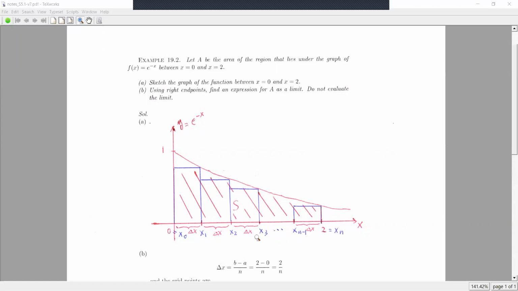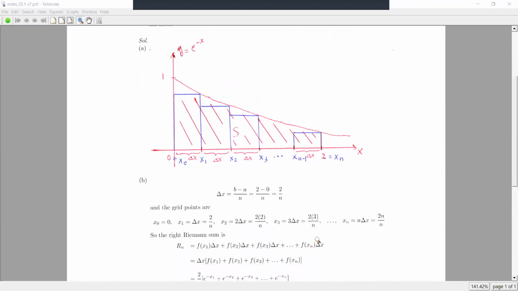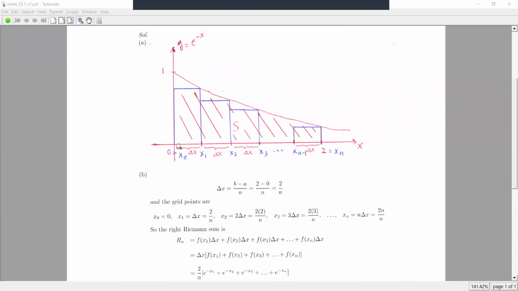The cutting points are x0, x1, x2, x3, and so on. The length of each subinterval is, by formula, delta x equals b minus a over n. Now b is 2, a is 0. So the length of each subinterval is 2 over n.